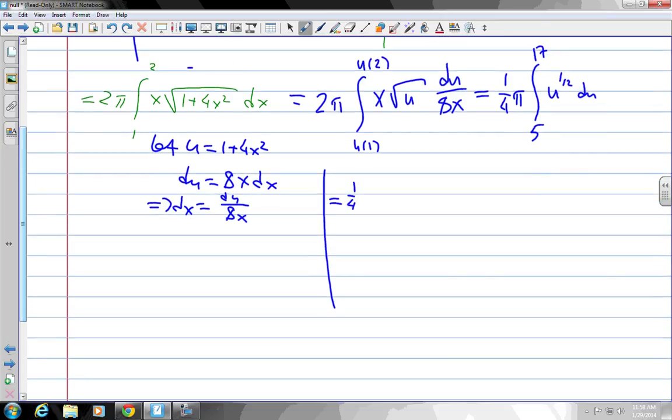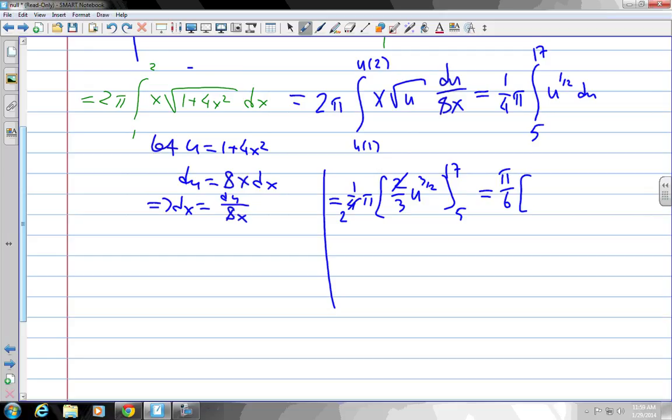So 1/4 pi. What does that give me? 2/3 u to the 3/2 from 5 to 17. So 2/3 gives me pi over 6.